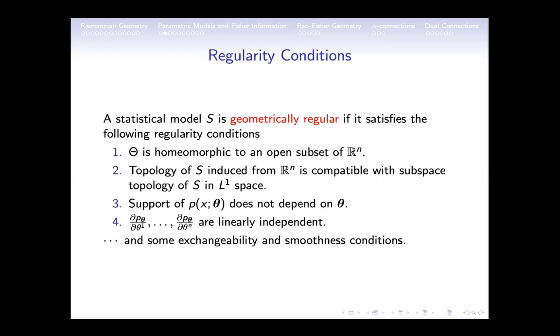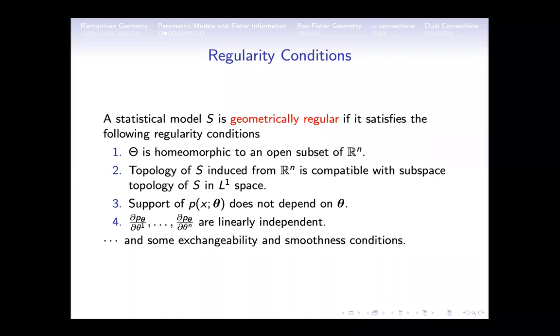Now we'll impose certain regularity conditions to do geometry in a better way. Firstly, the parameter space should be homeomorphic to an open subset of Rn. That's something we need because we are going to model this statistical model as a manifold first.